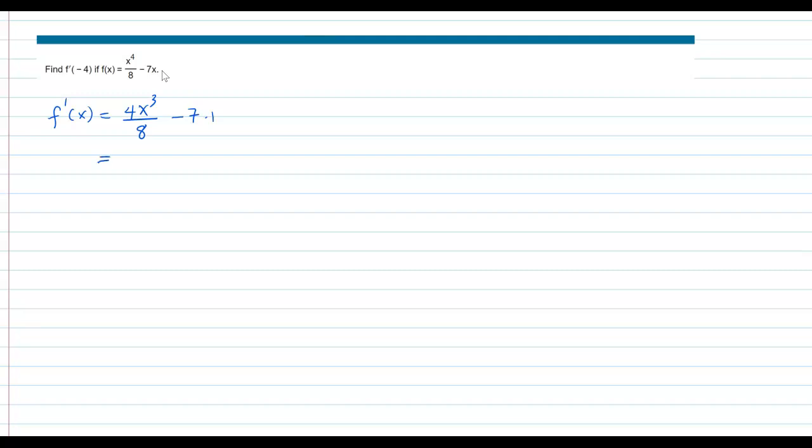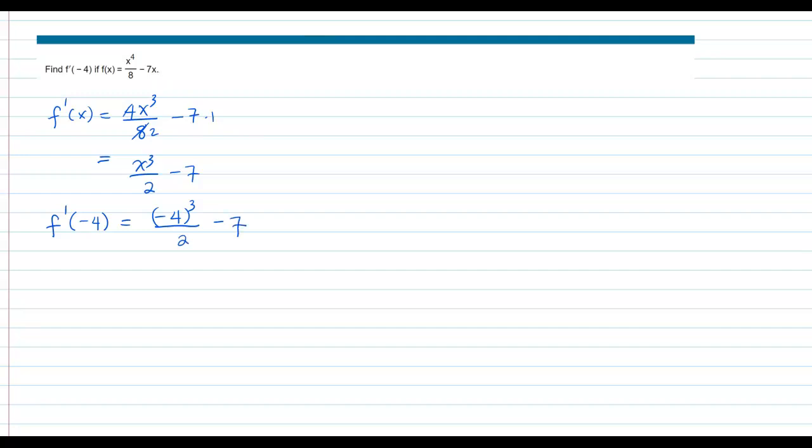Then you simplify that. You can cancel 4 here. You have x cubed over 2 minus 7. Next, evaluate the derivative at x equals -4. So you have -4 cubed over 2 minus 7.